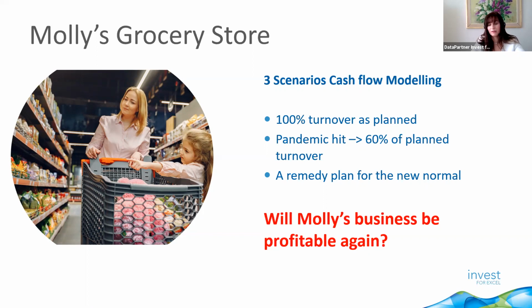Of course, she drafted a plan, but March this year has put a dramatic change to her operations. She got a pandemic hit for her turnover. Right now, it's only 60% of the planned turnover, and she was, of course, trying to draft a plan for survival and the remedy plan. So let's have a look how her ideas are successful.